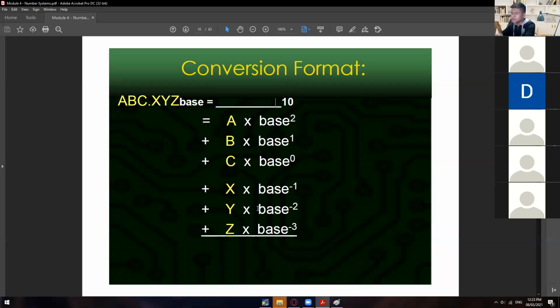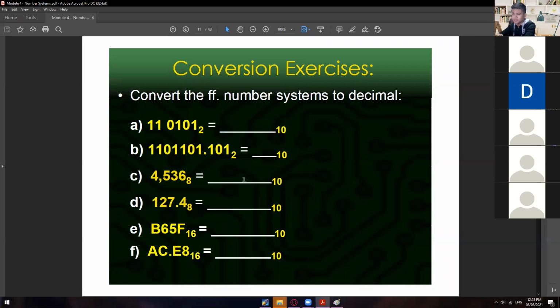So for you to be able to appreciate this one, we have here an example. We have A to F as your example. So we have here binary to decimal. How did I know that this one is binary? Just by looking at its base. As you can see, it has a base of 2, so this one is binary. This one is also binary. However, this one has a fraction part.